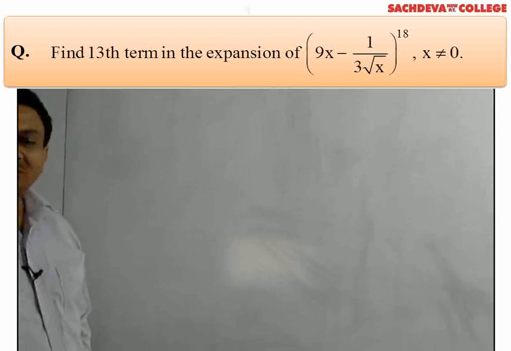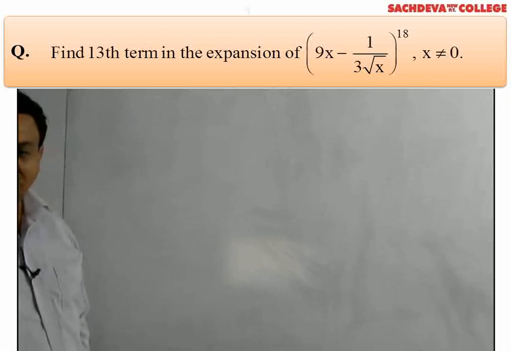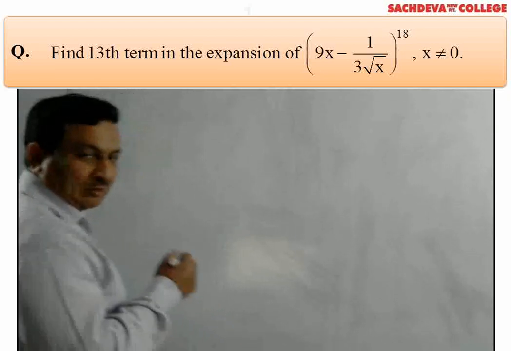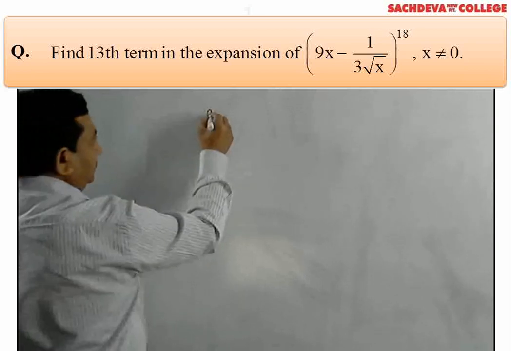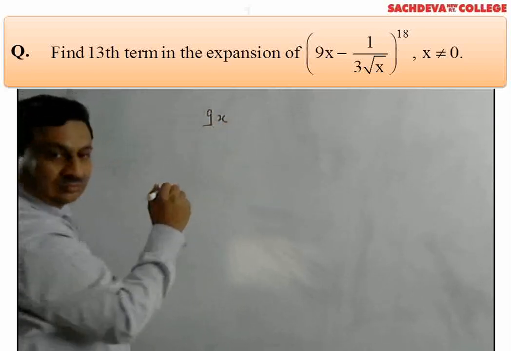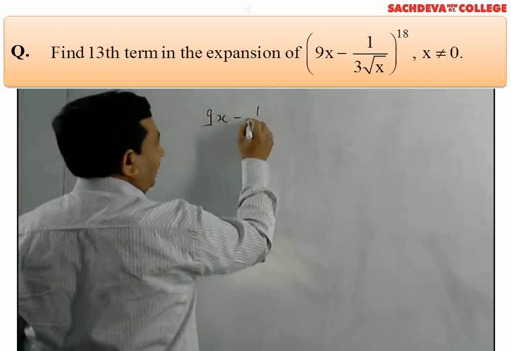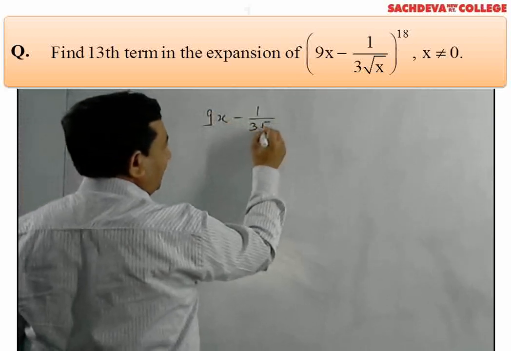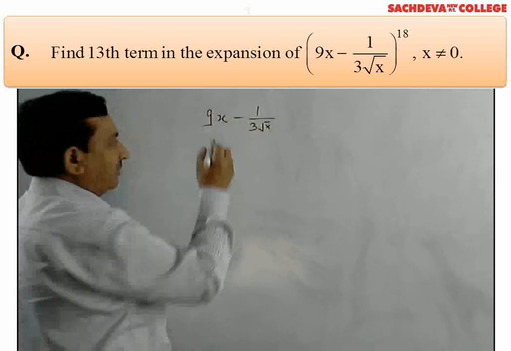Find the 13th term in the expansion of (9x minus 1 upon 3 under root x) to the power 18, when x is not equal to 0. So given that (9x minus 1 upon 3 under root x) to the power 18.